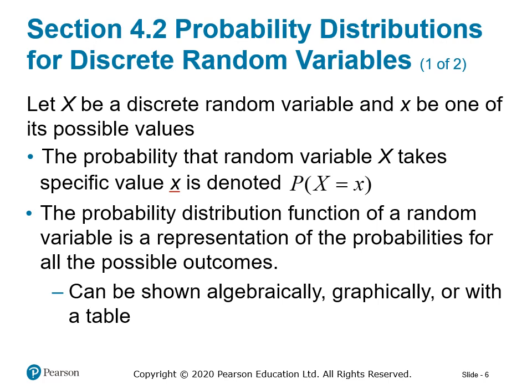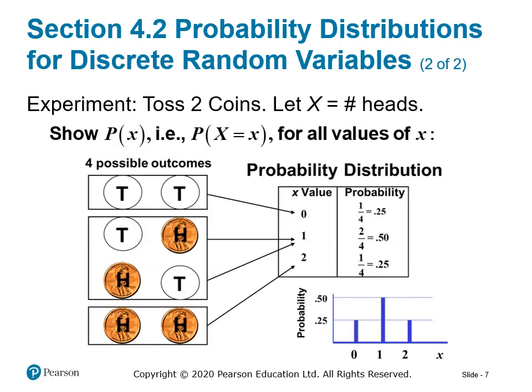The probability distribution function of a random variable is a representation of the probabilities for all possible outcomes. Now, in general, we can show this algebraically, graphically, or with a table. Here, we're going to show it first with the table and then graphically.